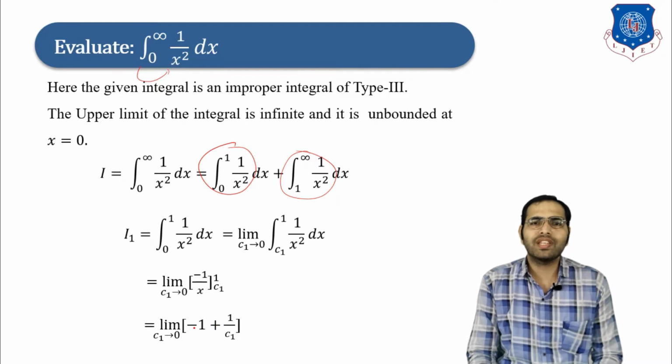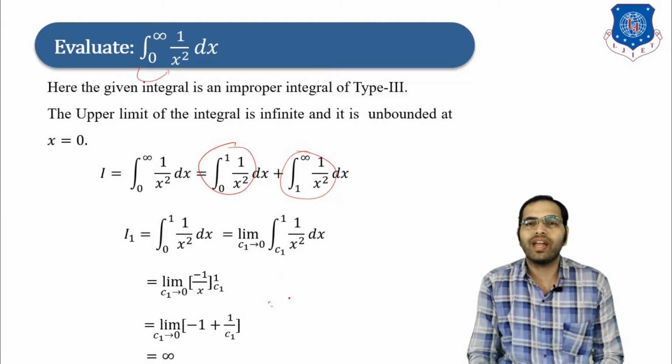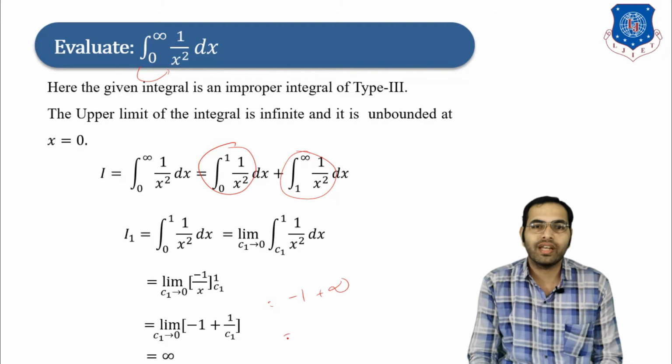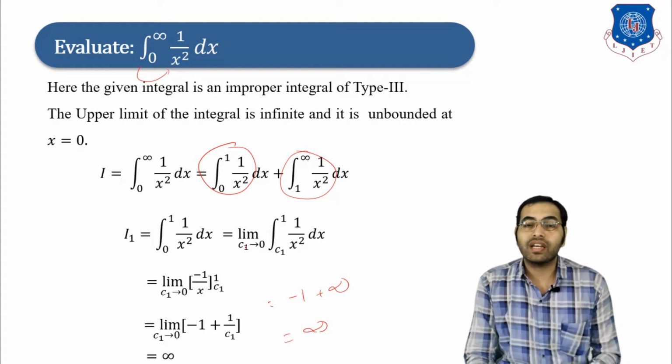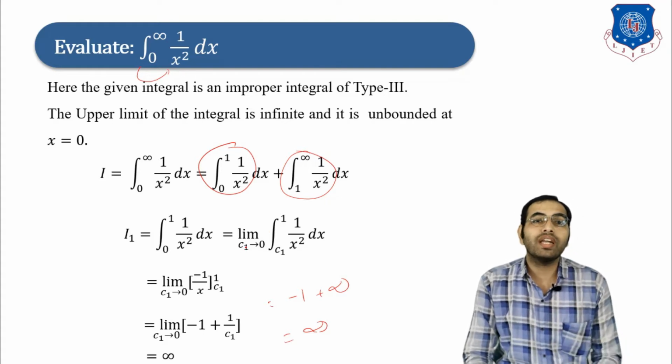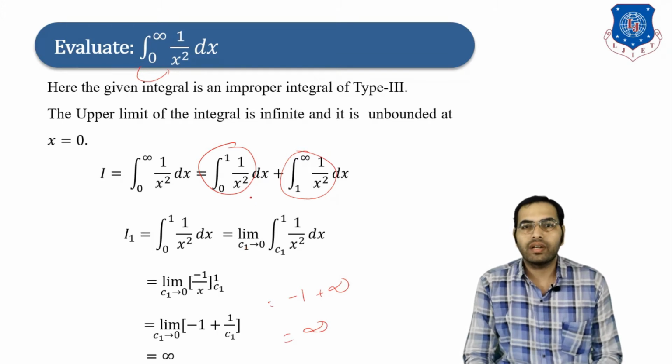Now substituting c1 as 0, 1 upon 0 is infinite, so we get minus 1 plus infinity, and our term becomes infinite. So I1 is infinite; no need to find the second term, the integral is automatically divergent. Even if the other becomes a finite answer, our total integral is divergent.